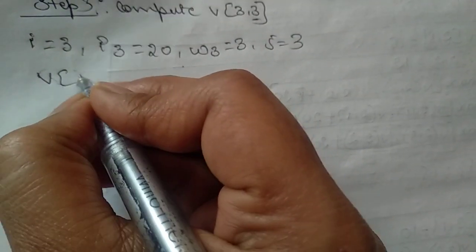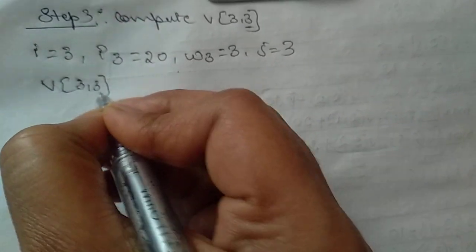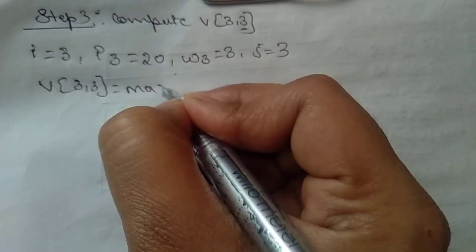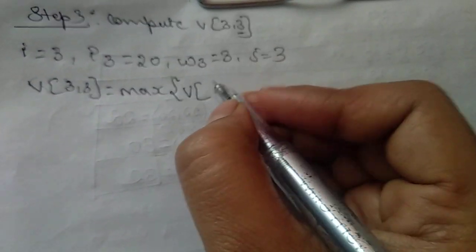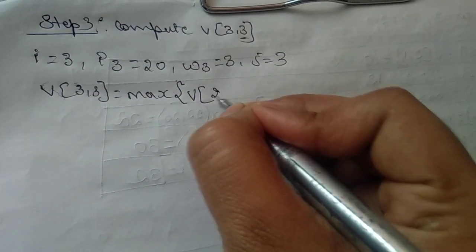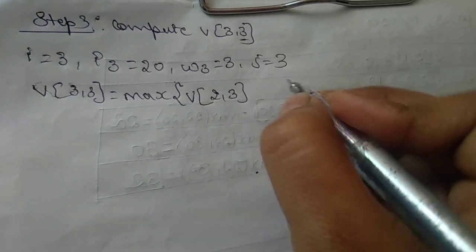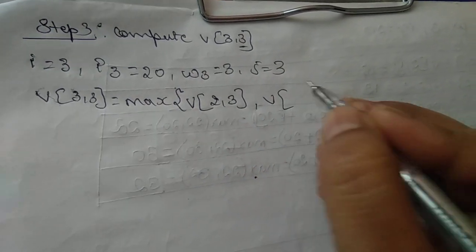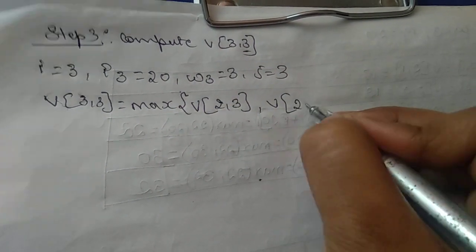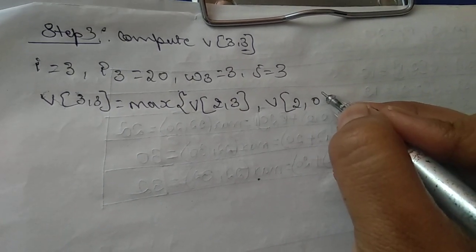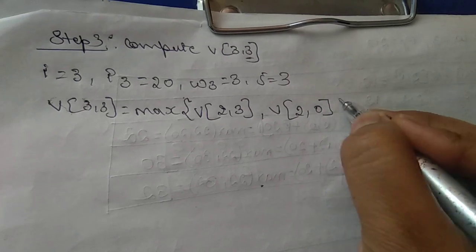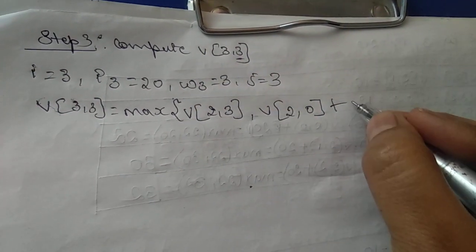V of 3, 3 is equals to max of V of I minus 1, J. I value is 3, so 2, J value is 3: V of 2, 3. V of I minus 1 that is 2, J minus Wi, 3 minus 3 is 0, plus profit which is 20.